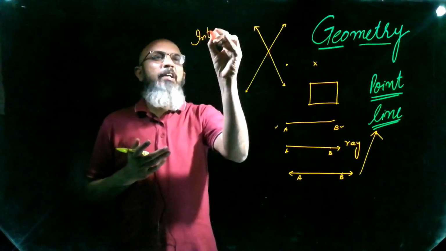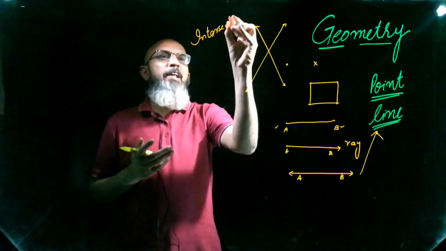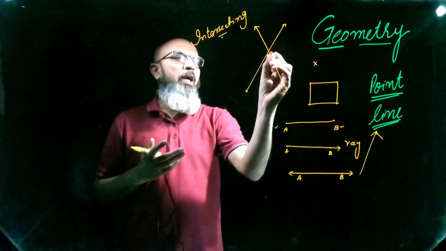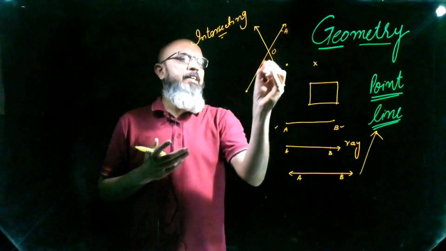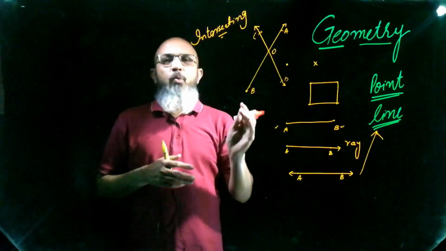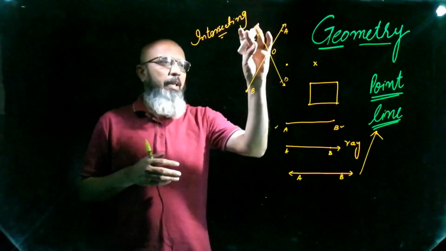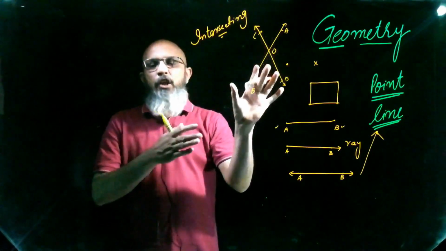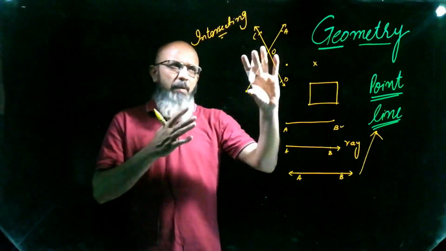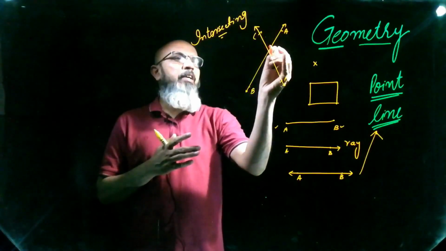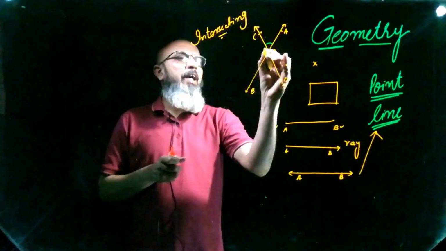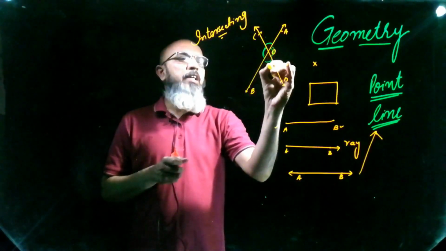These are called intersecting lines. They meet at point O. Suppose that is A, that is B, that is C, that is D. We say that line AB and line CD intersect each other at point O, right? By intersecting each other, we get different angles. How many angles do we get?